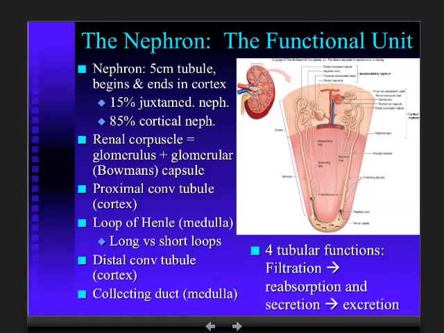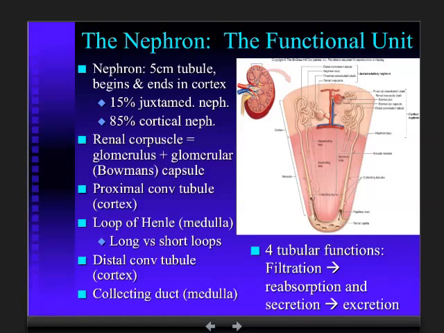And if your blood pressure goes down, what happens here? You stop generating filtrate. And if you stop generating filtrate, then you're no longer pushing those cellular wastes into the tubule. If you do push those cellular wastes in the tubule, they're going to stay in the tubule, in the tubule, in the tubule, and out they go as urine, right?